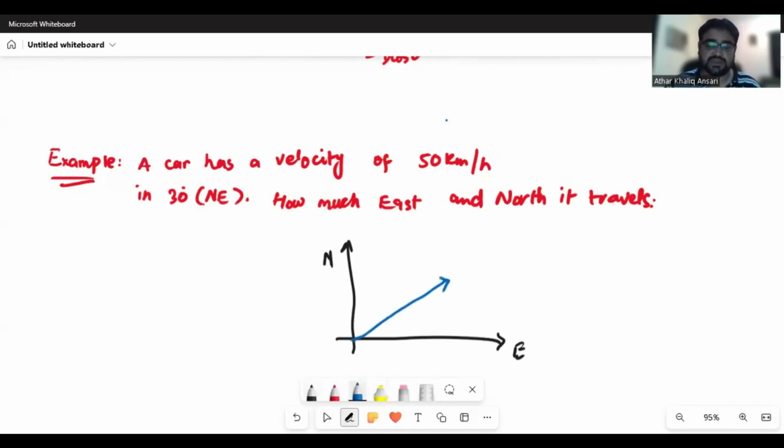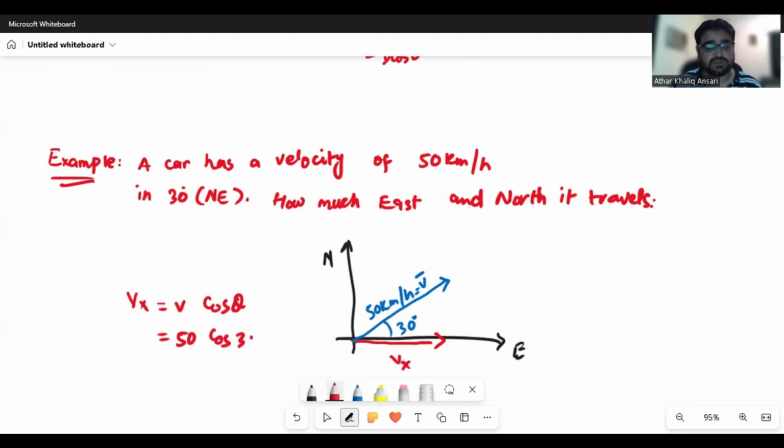Let's say this is 50 kilometer per hour, velocity V. This velocity is making an angle of 30° with the x-axis. So eastward means they are asking about Vx. So Vx you will find by V times cosine theta, and V is 50, so 50 times cosine 30.